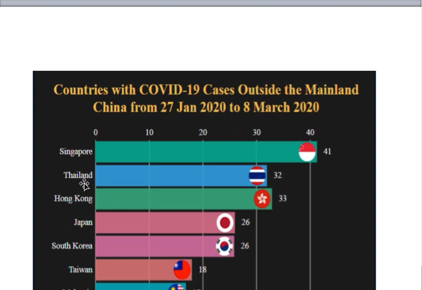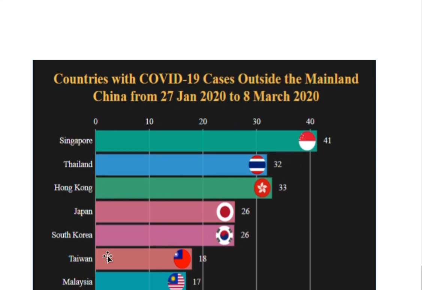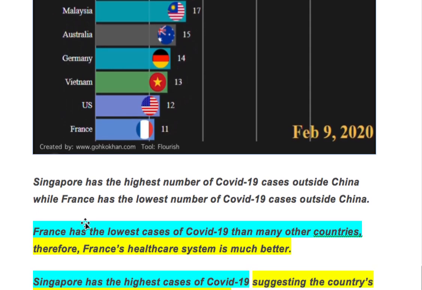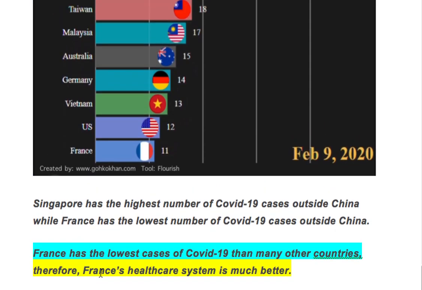So Singapore, Thailand, Hong Kong, Japan, South Korea, Taiwan, Malaysia, they are all closer to China as compared to France, which is far away in the European continent. So basically, the second part of the sentence here is merely an opinion of the author, not factual information.